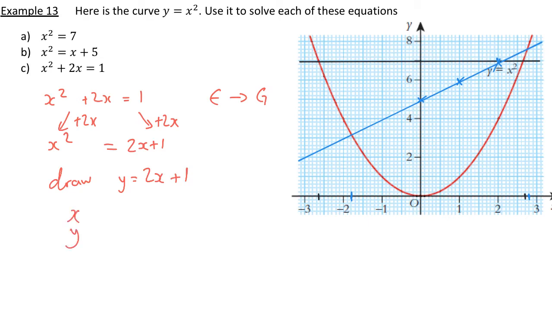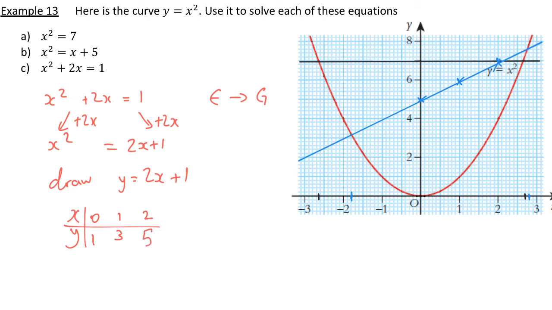To do so, we use the table of values. So when x equals 0, 1 and 2. So when x equals 0, 2 times 0 is 0 plus 1 is 1. When x is 1, 2 1s are 2 plus 1 is 3. And when x is 2, 2 2s are 4 and 1 is 5.